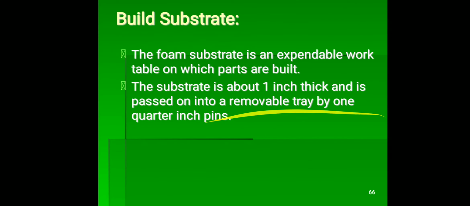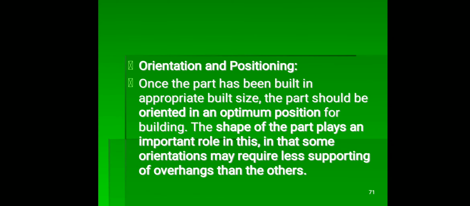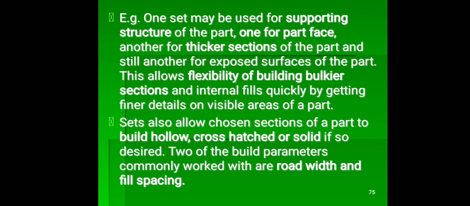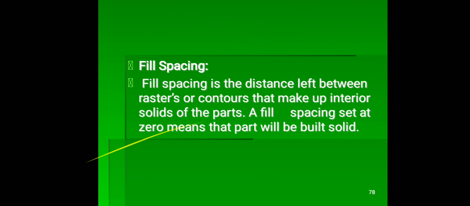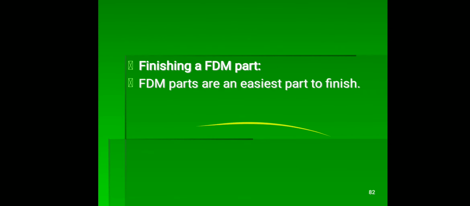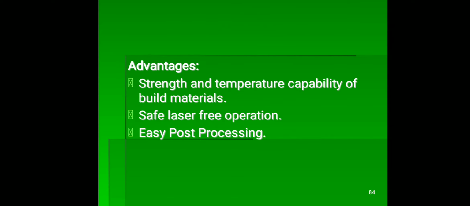Now we can move to the application part. I will also share this PPT with you, and the important applications are concept design visualization, direct use components, investment casting, medical applications, or flexible components.